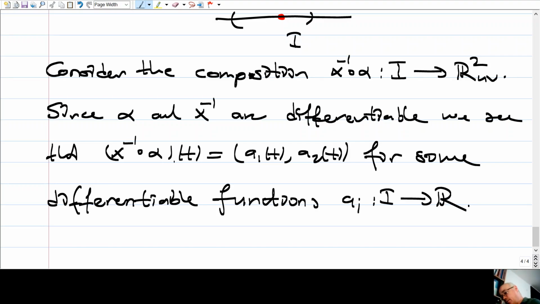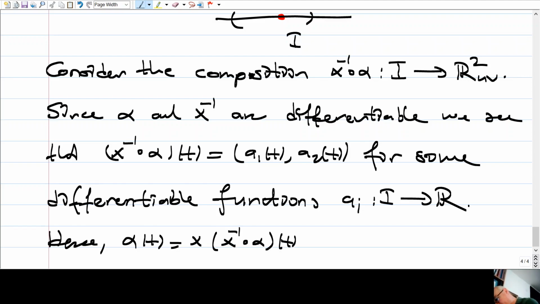Okay, but this equation already tells us that, hence, if I just compose this by X, we get alpha t, which is X of X inverse composition alpha t.